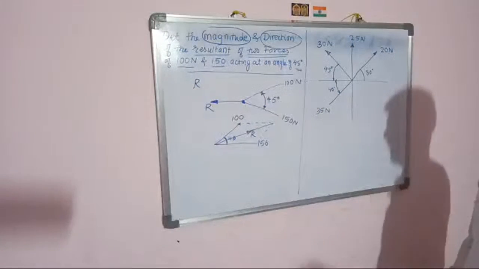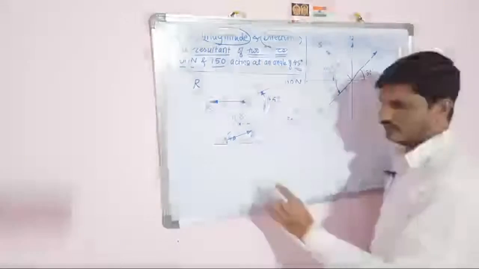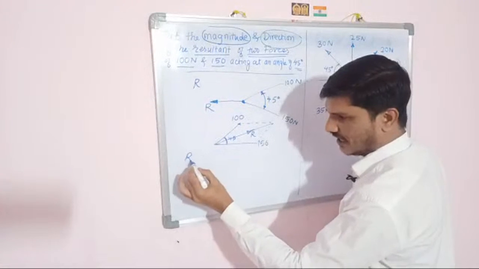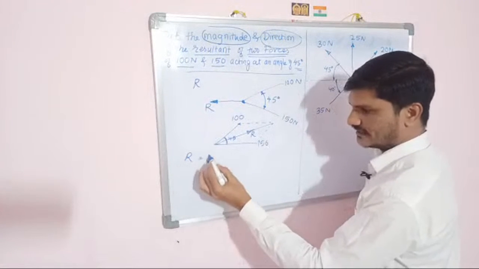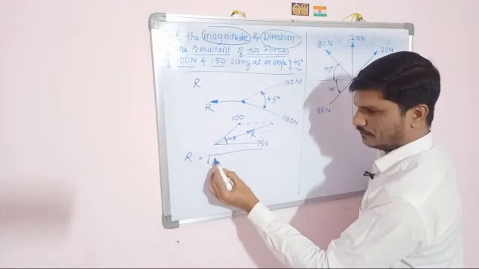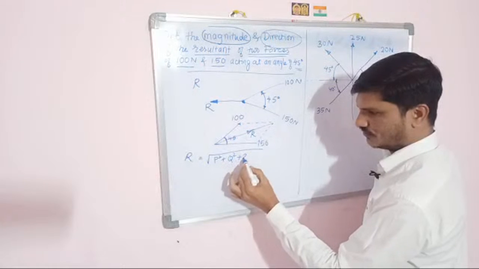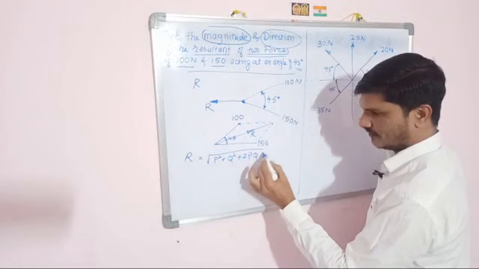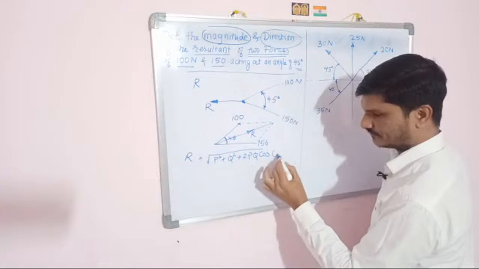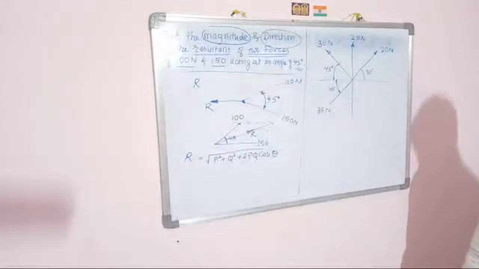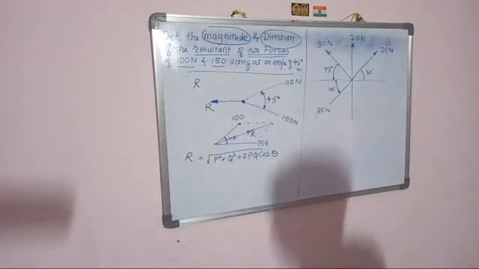Now we can apply the parallelogram law. In the parallelogram, the resultant R is equal to the square root of P square plus Q square plus 2PQ cos theta. Now let me explain what P is.